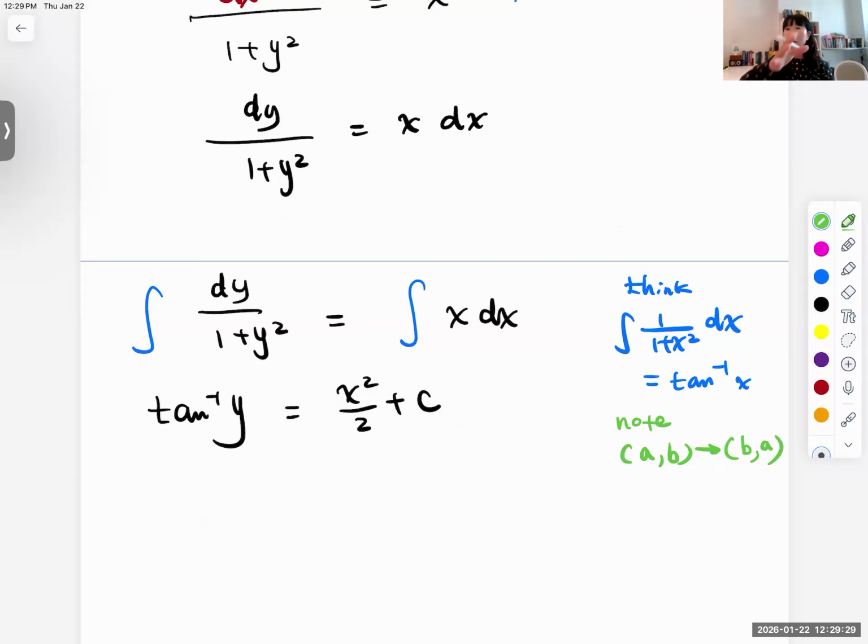That's why the domain of this function will be the range of the inverse function. So that means if the inverse of arctangent of a equals b, we switch over, so it will be tangent of b equals a.